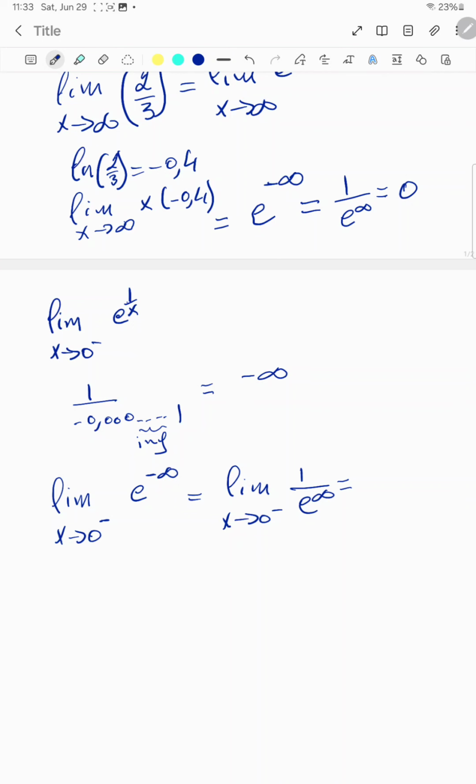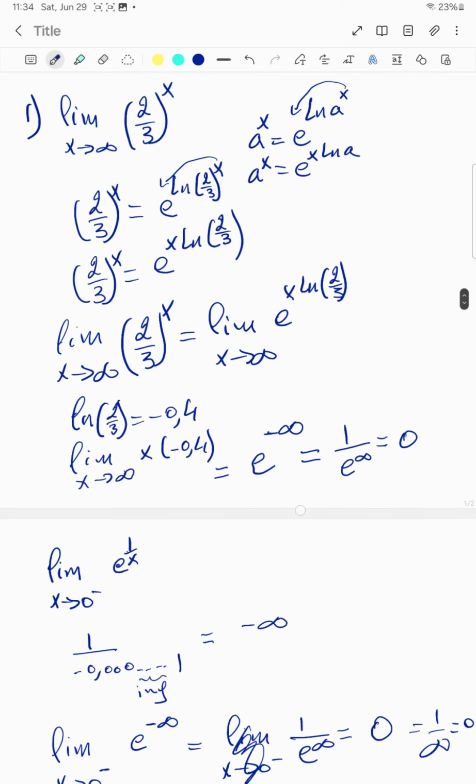I don't have to put the limit here because I already used the limit. e to the power infinity is equal to infinity. I said 0 before by mistake. So 1 divided by infinity is equal to 0. So the answer here is equal to 0.